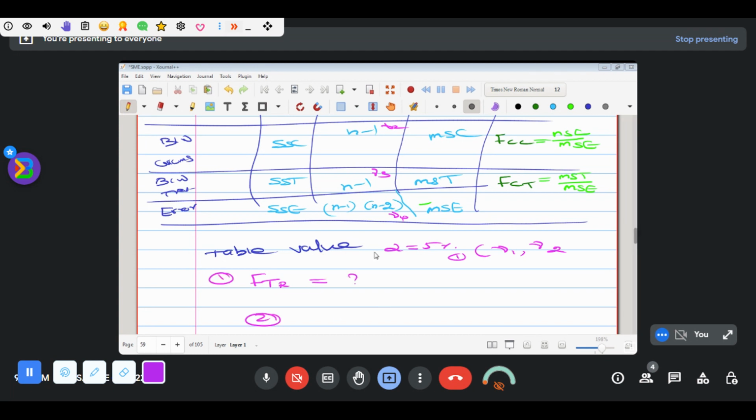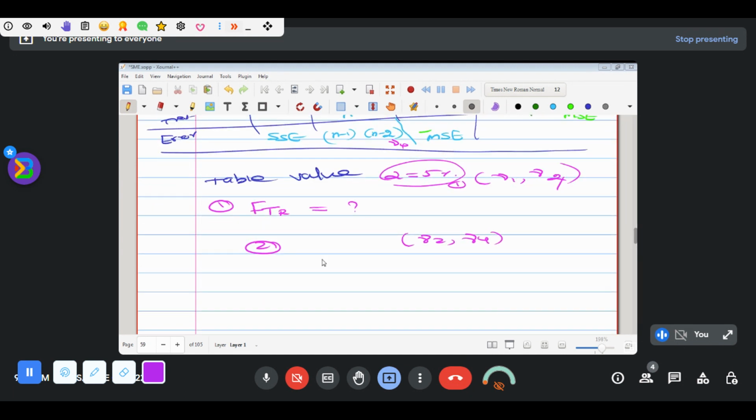Second calculation, alpha is the same, but here you take comma 2, comma 4. Then what is the table value for columns? Third one, FTT, meaning the table value of treatment.